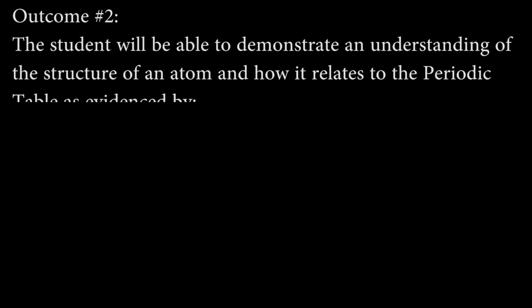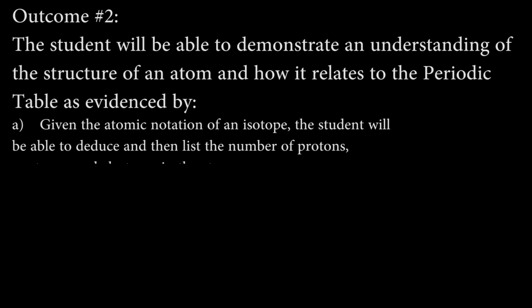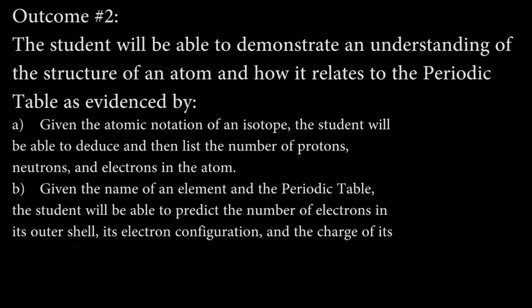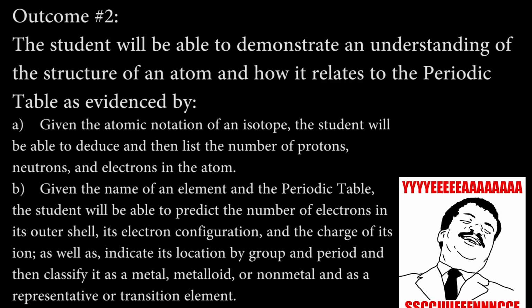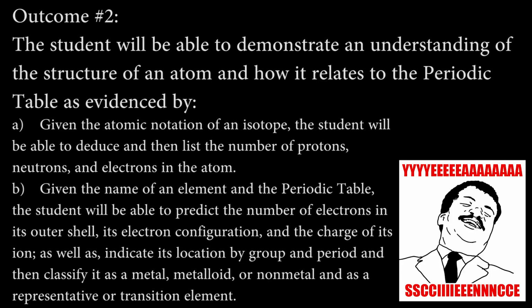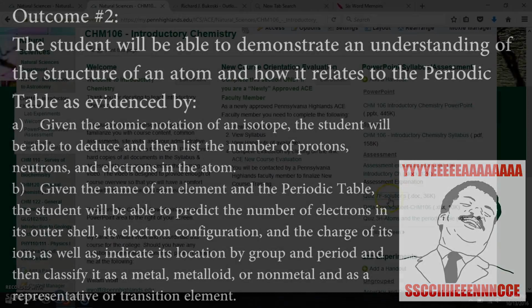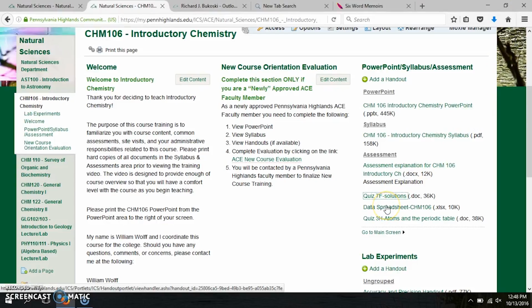I've decided that one of the outcomes that we will assess this year is outcome number 2, which is the student will be able to demonstrate an understanding of the structure of the atom and how it relates to the periodic table as evidenced by, and here's the two things that we're going to look at, given the atomic notation of an isotope, the student will be able to deduce and then list the number of protons and neutrons and electrons in the atom, and then also, given the name of an element and the periodic table, the student will be able to predict the number of electrons in its outer shell, its electron configuration, and the charge of its ion, as well as indicate its location by group and period, and then classify it as a metal, metalloid, or non-metal.